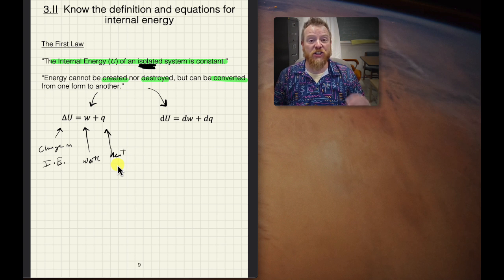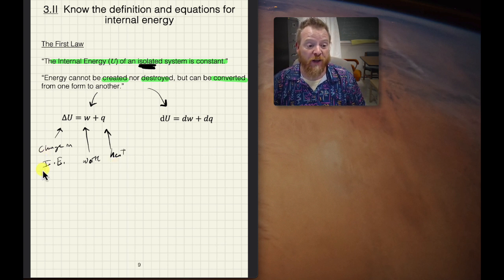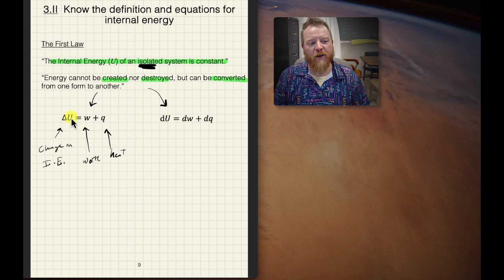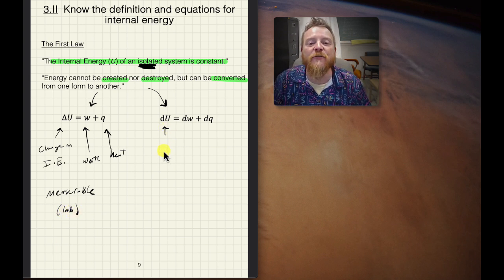So we can exchange work and heat in terms of the internal energy as long as we haven't created any new internal energy, right? We'll also note here, once again, by using the delta, this is measurable, what we would typically see in the lab. And this dU, infinitesimally small changes.